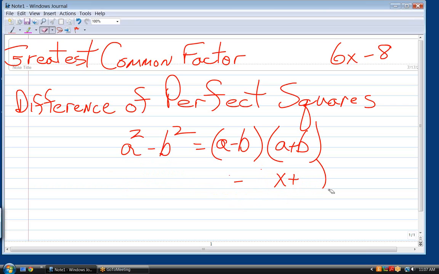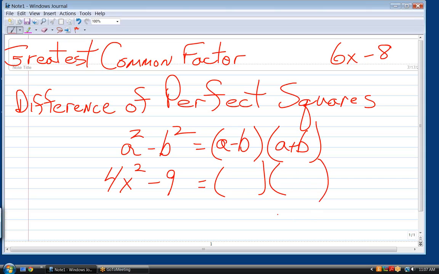So, what if I had this? What's that factor into? What's the square root of that? Remember the name.